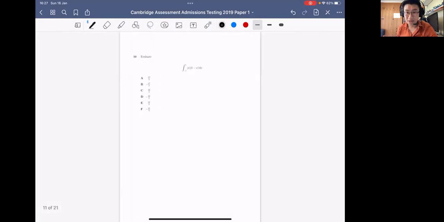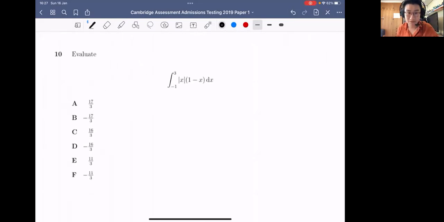Halfway there. Question 10. Evaluate the integral of the absolute value of x times 1 minus x dx. So the absolute value of x is equal to x if x is greater than or equal to 0, and minus x if x is less than 0.